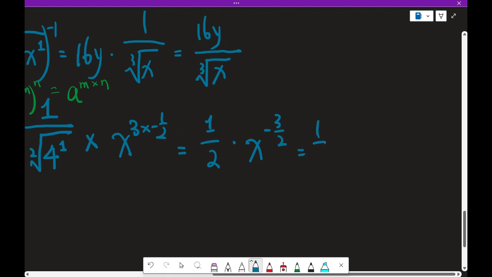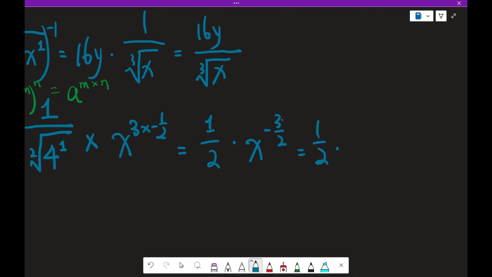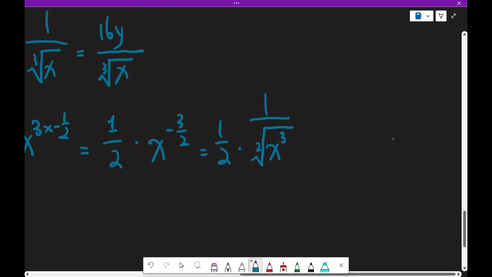We can leave 1 over 2 right here, and this 3 on the numerator will become the exponent of the radicand, and the denominator 2 will become the index of the root. And we have a negative sign, so we put everything down to the denominator. And then we can simply multiply these two together by multiplying the numerators together, 1 times 1, and the denominators together.